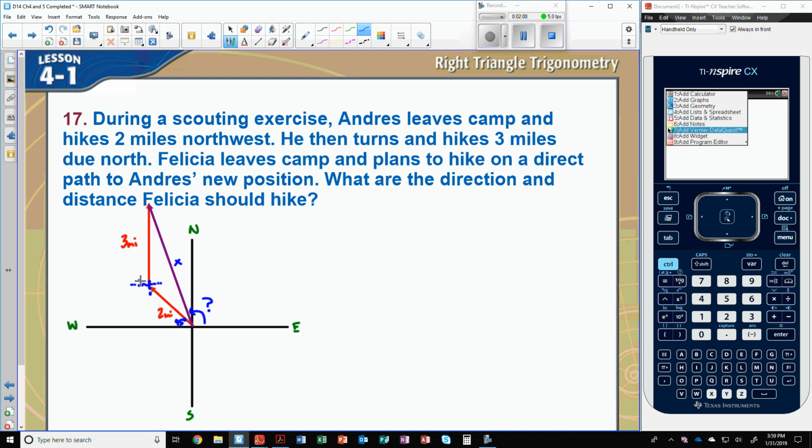If he continued on, alternate interior angles say if this is 45 here, and this is parallel and this continues on, you'd have a 45 there. But I'll get into that in a second. Let's just start with this. This is 45 degrees, and we want to know what distance to travel here.